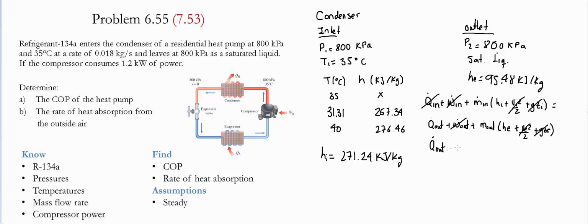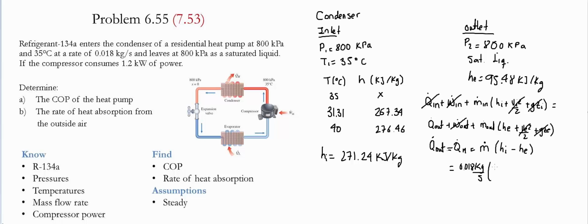Q out, which is Q dot H, is equal to the mass flow rate times the difference between the enthalpy at the entrance and at the exit. The mass flow rate has a value of 0.018 kilograms per second.